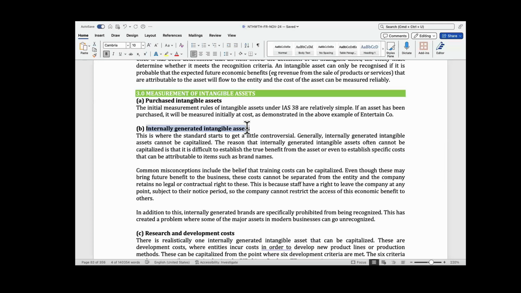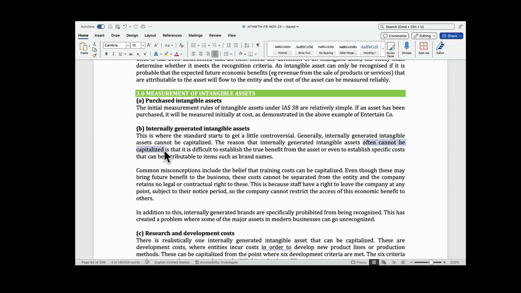These are internally generated assets. They make money for you as a company. But you see, internally generated assets cannot be capitalized. We don't recognize them in the books.